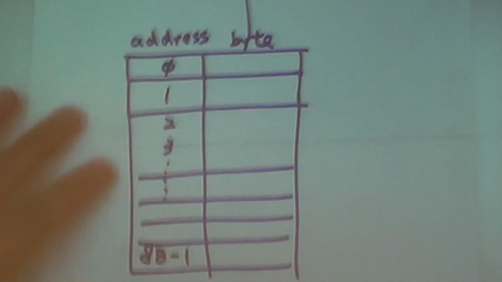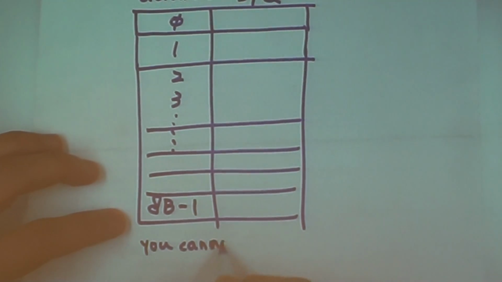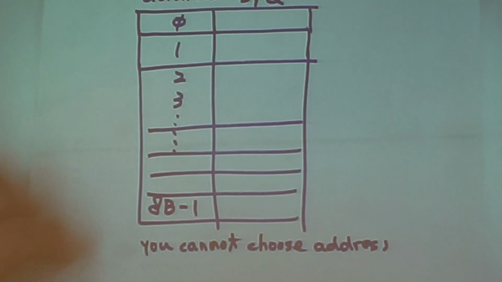So address you cannot choose. There's no exception in 264. You can never choose address, period. It's important to understand that.